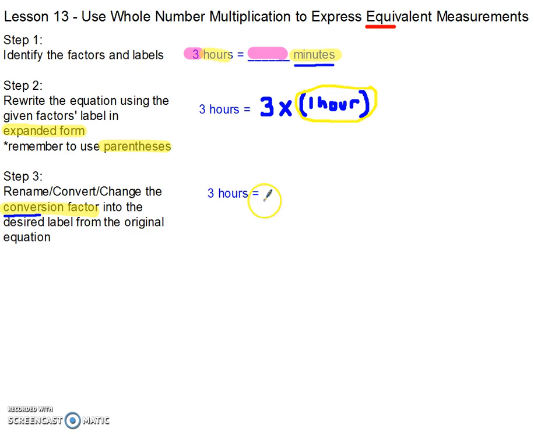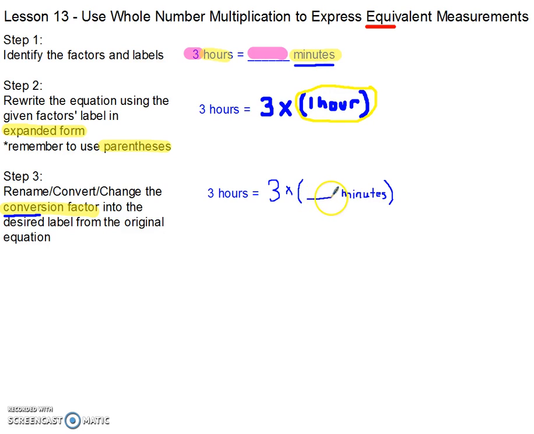So I'm going to change 3 hours, and I'm going to keep that 3 times. But now I'm going to change my conversion factor. I'm going to keep my parentheses, because that shows me that this factor is being converted, and the desired label is minutes.